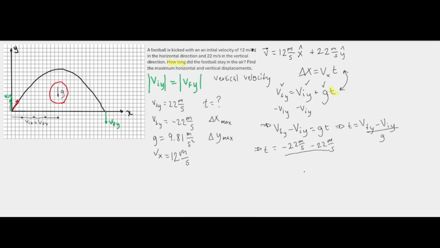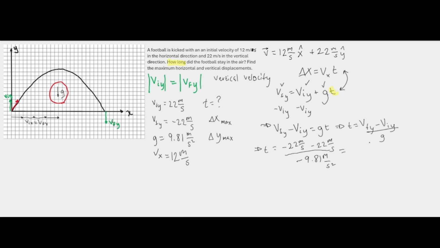All of this over what? I'm going to have a negative number up here, and I'm looking for a time. Which direction is g pointing? Well, g points downwards, so that means that g is going to be a negative 9.81 meters per second squared.